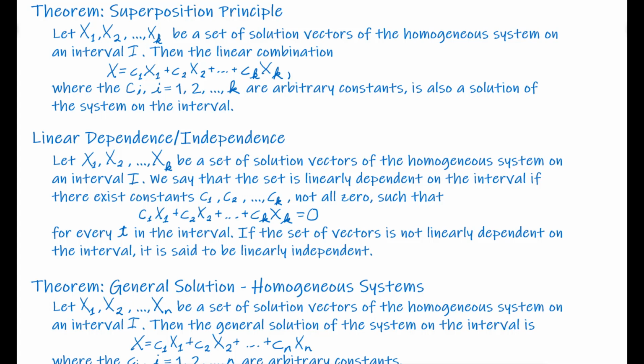So regardless of what we choose as those constants, if we take a linear combination of all of our solution vectors, we get another solution.